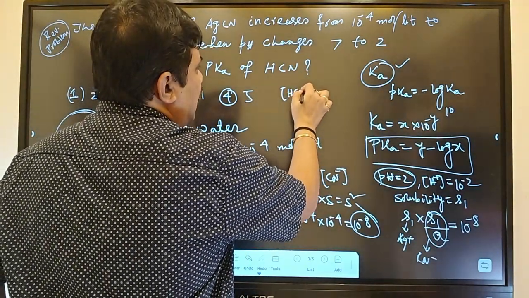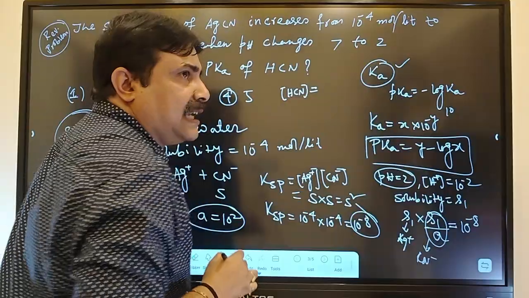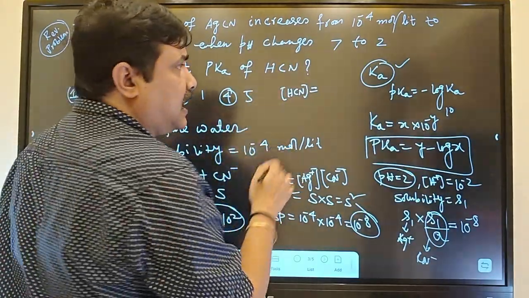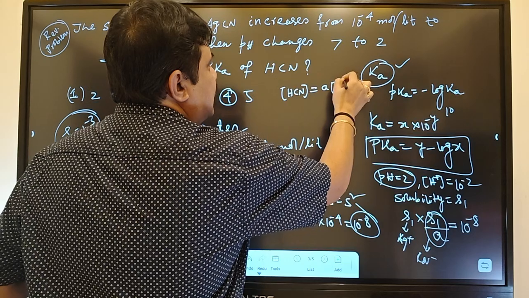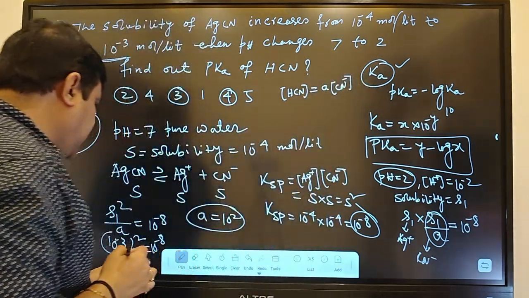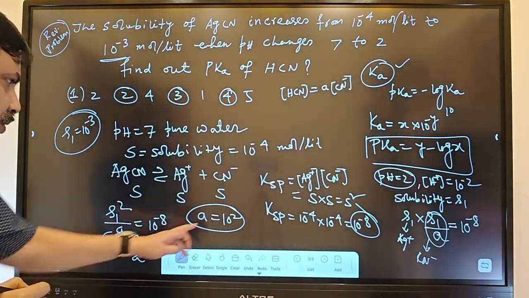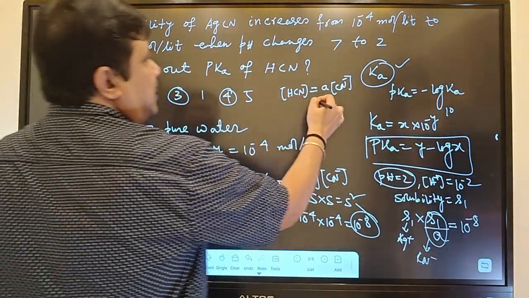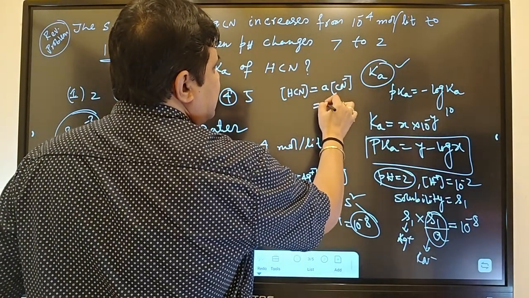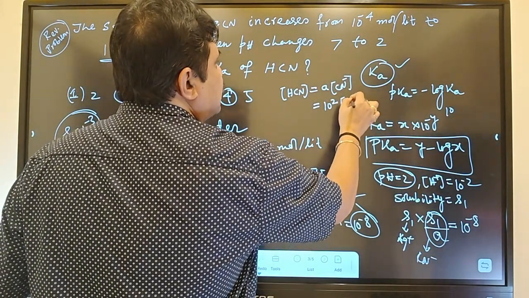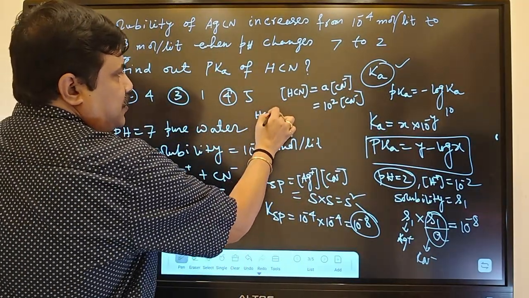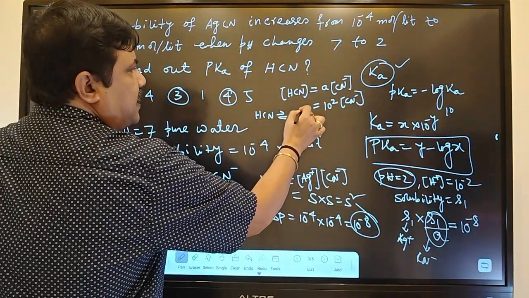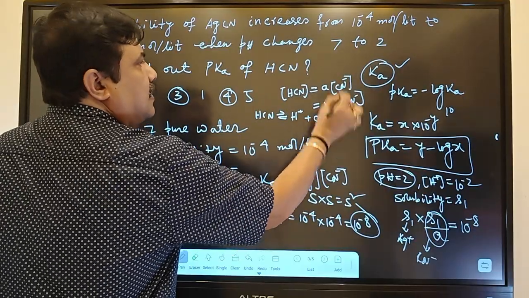And again, have you noticed that HCN equals, ultimately what I write down, 10 power of 7 into cyanide ion concentration, which is A into cyanide ion concentration. And A we got as 10 power of 2. So immediately the HCN concentration equals 10 power of 2 into cyanide ion concentration. Now, whenever HCN dissociates, it dissociates this way: H plus plus cyanide ion.